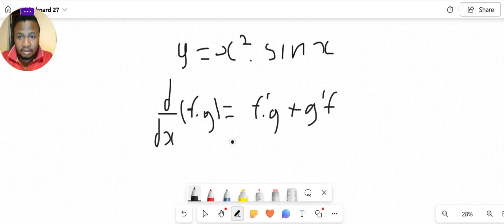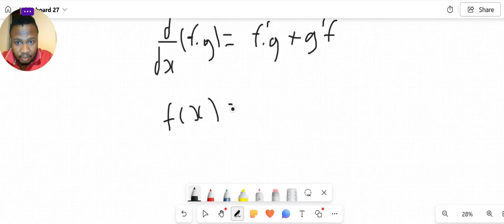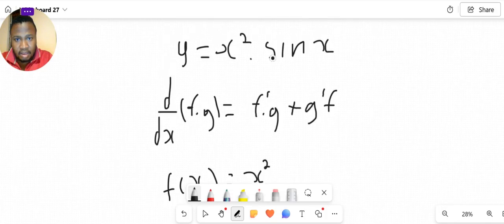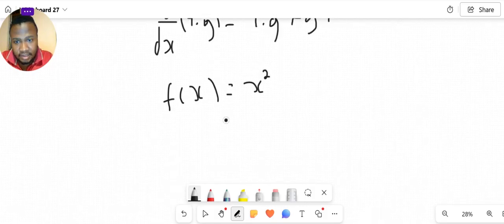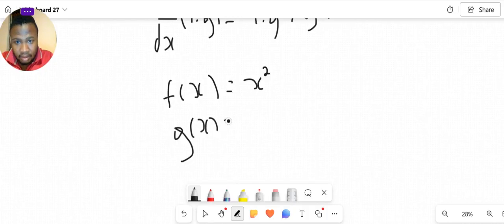So basically, since you have this function, let's find f of x. F of x will be x squared, just the first part of the function, and then g of x, let's say, is sin x. Now we have your two functions.